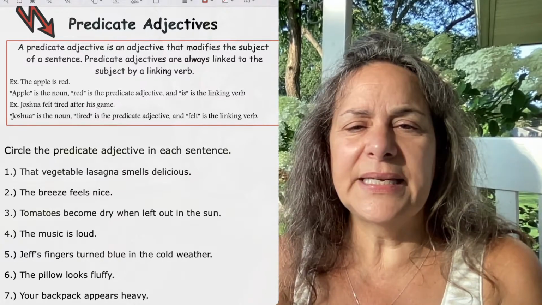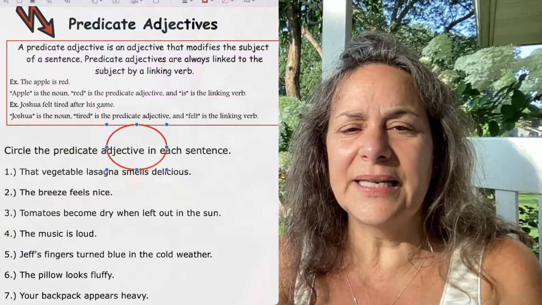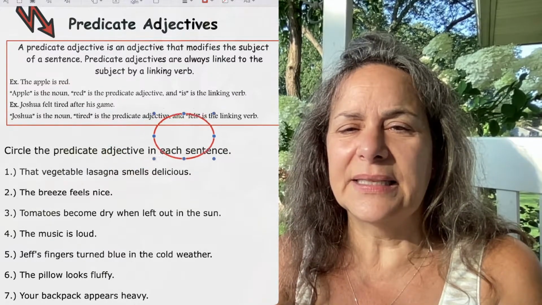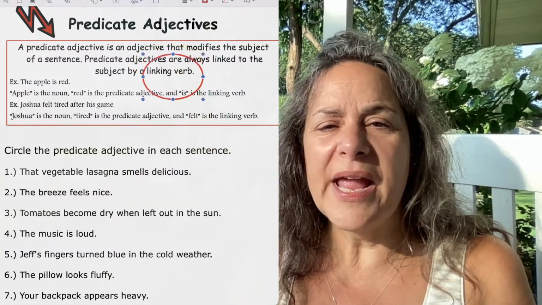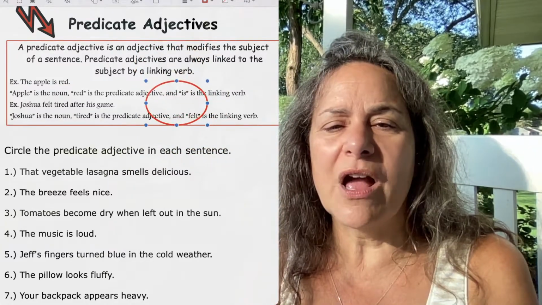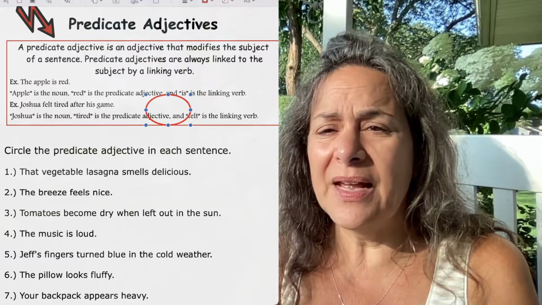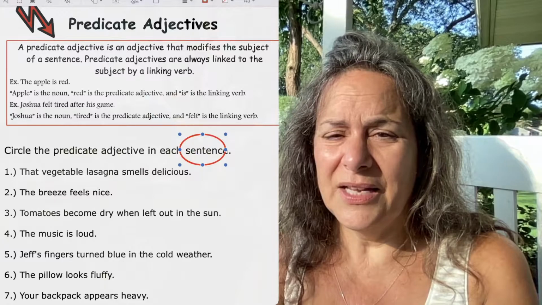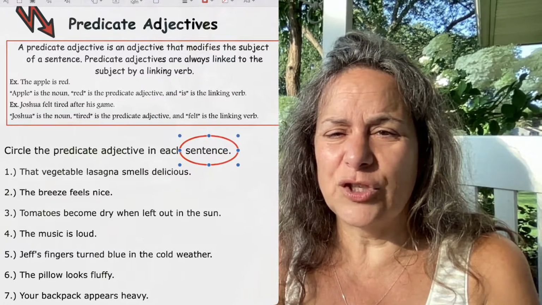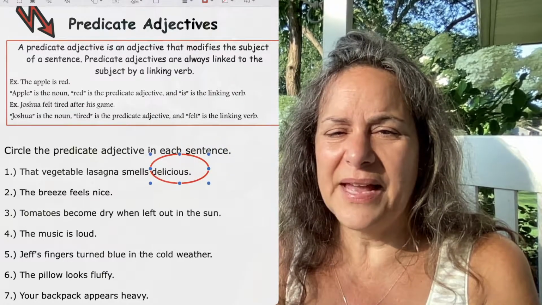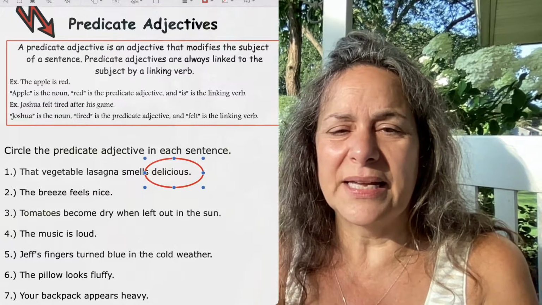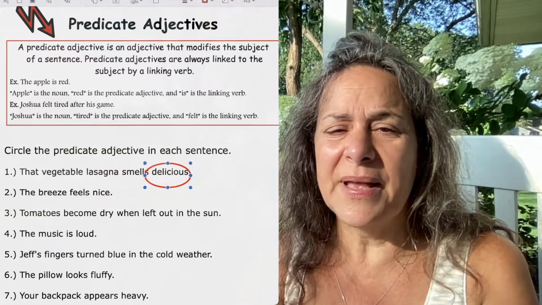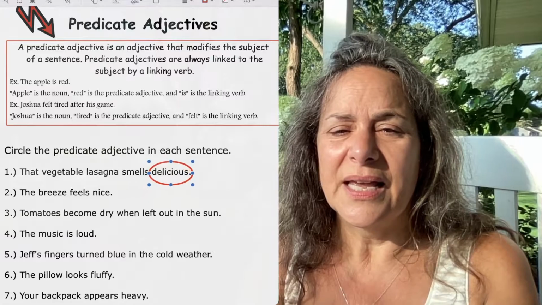Remember, there's a linking verb, so it's not the linking verb. It is the word that describes the vegetable that's in the complete predicate. The complete predicate is smells delicious.